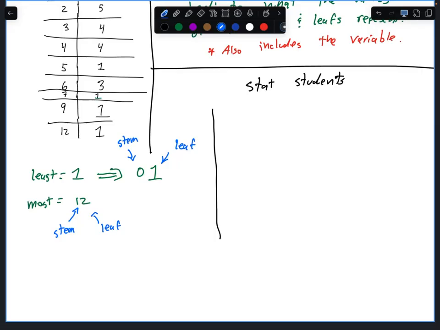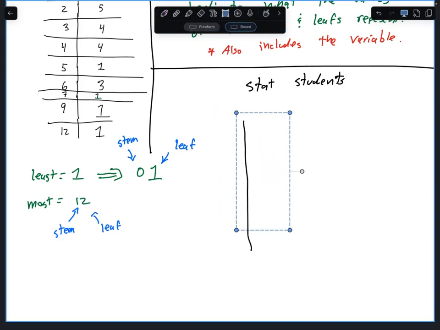No, it's not pointing at the 12. It's 1. So the lowest stem is 0. The largest stem is 1. We need to include both those numbers. So in mine here, I'll shift it over a little bit. We're going to write a 0 and a 1, and that's it.